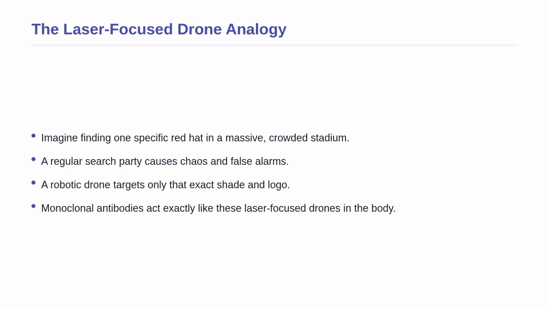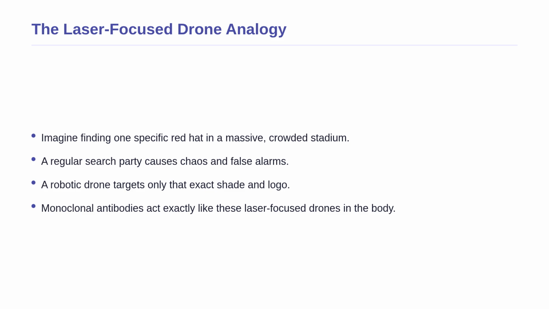Before we look at the biology, let us start with a simple analogy. Imagine you are in a massive, crowded stadium, and you need to find one specific person wearing a unique red hat. If you send a regular search party, they might get confused and bring back anyone wearing red, causing chaos.